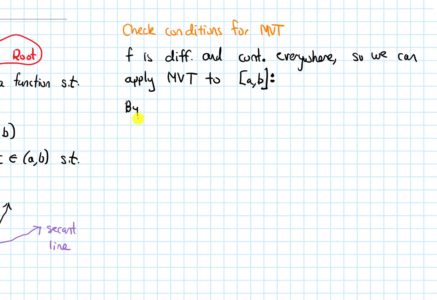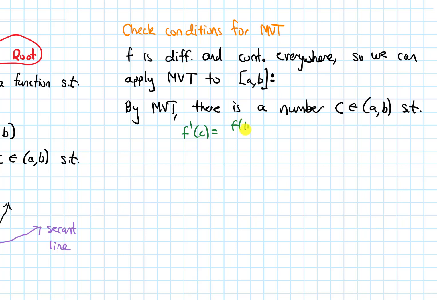All right, so by MVT, the conclusion is there is a number c that's an element of the open interval from a to b, such that f prime of c is equal to f of b minus f of a over b minus a.